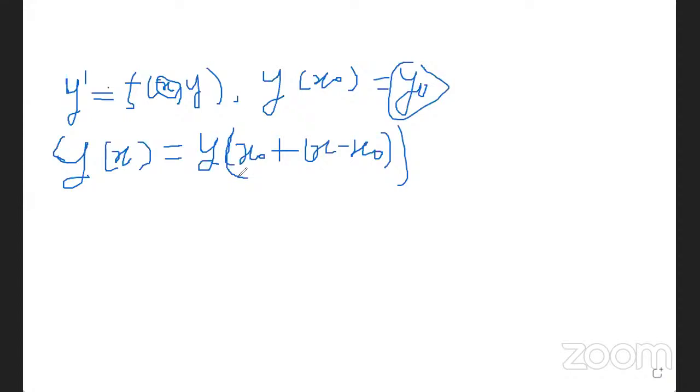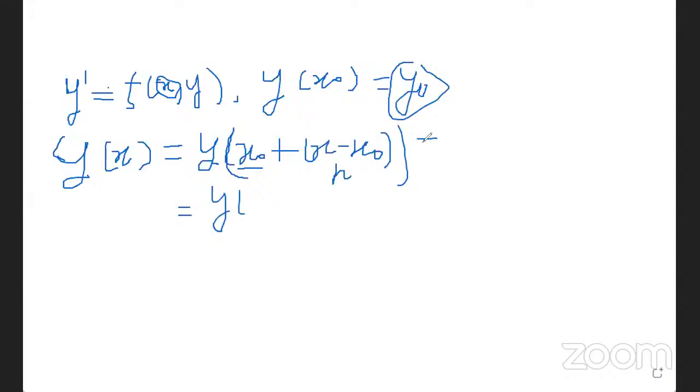So using Taylor's series method, I will expand this around x naught. I use Taylor's series and expand y at x naught plus x minus x naught. Suppose I denote this by h.